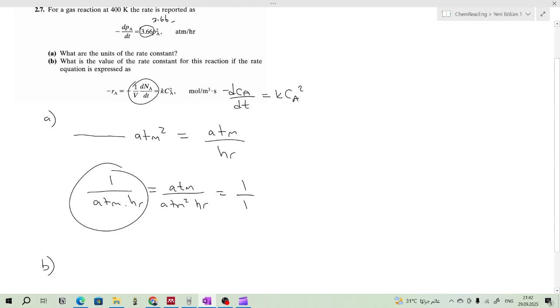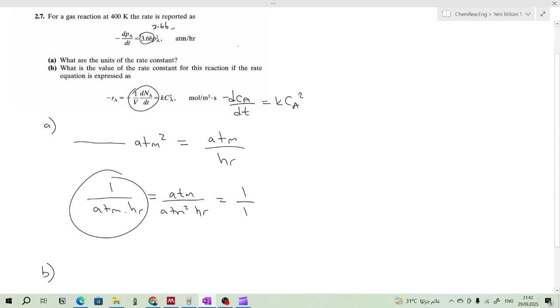And we have another thing here, P_A. If we need to convert P_A to C_A, we can relate it with the ideal gas law: P_A is equal to n_A over V times RT, and this n_A over V is just the concentration, so P_A equals C_A RT.